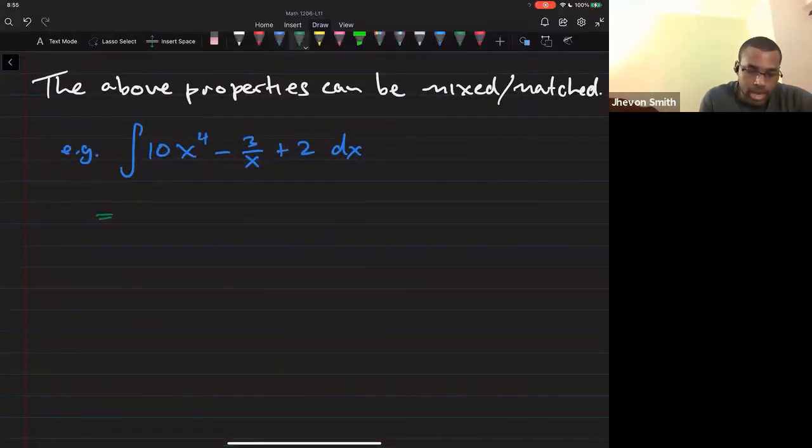I can think of this as, well, it's 10 times x to the 4th dx minus 3 times 1 over x dx plus 2 dx. I don't have to write this line.